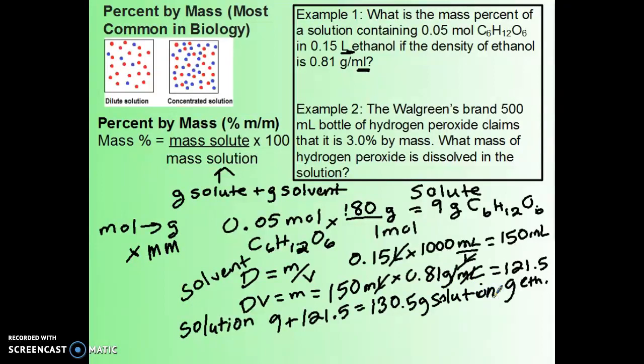Okay. So to calculate the mass percent, let's come over here. Percent by mass, you might see it written like this sometimes. It's equal to, I'm going to have to erase something in a second.